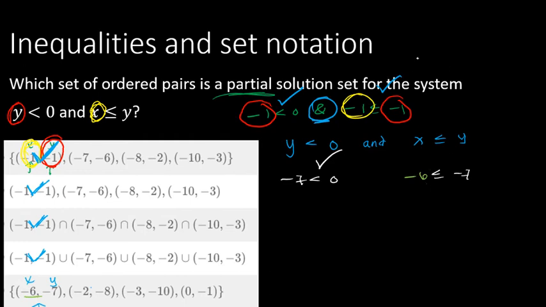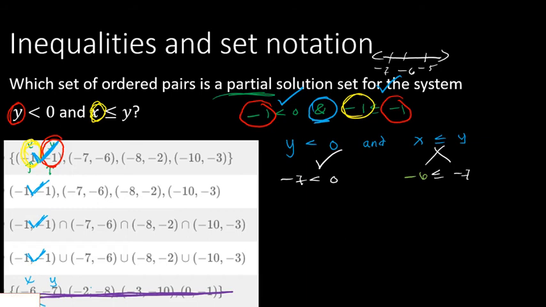Well, no, right? Because on the number line, I would have -5, -6, -7, like that. So -6 is to the right of, or greater than, -7. So this is not true. So already I can eliminate that answer, because if one of them doesn't work, then it's not a good partial solution set. They all have to be true.